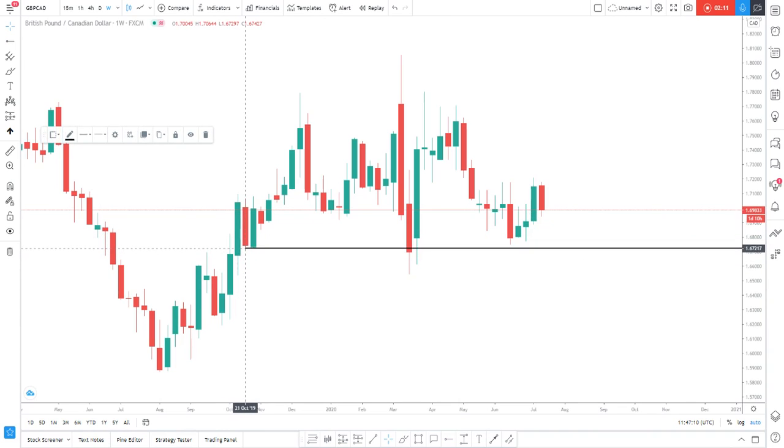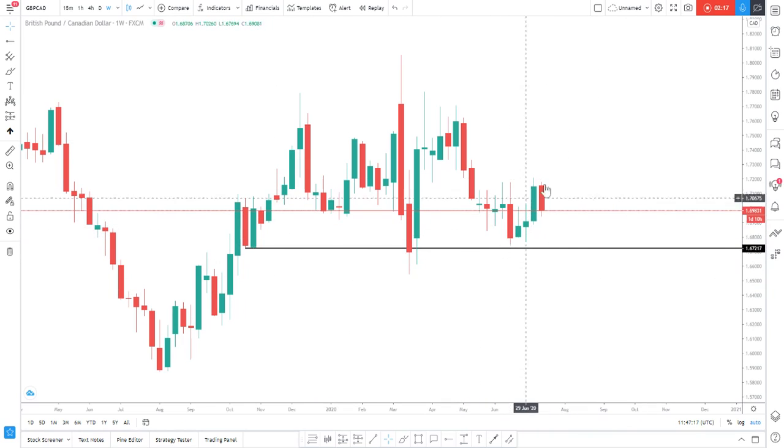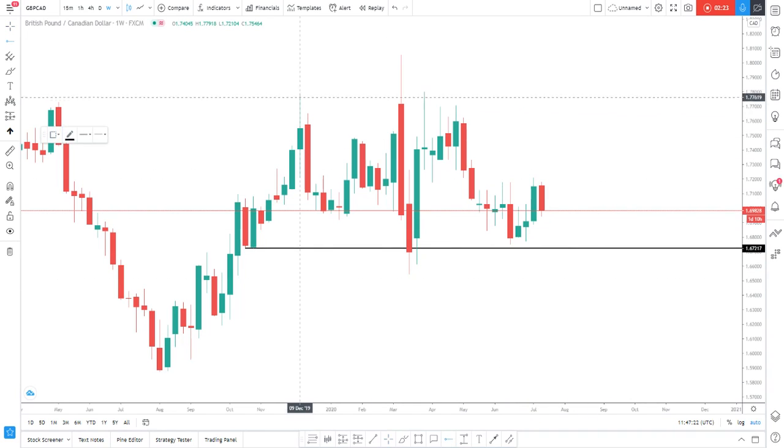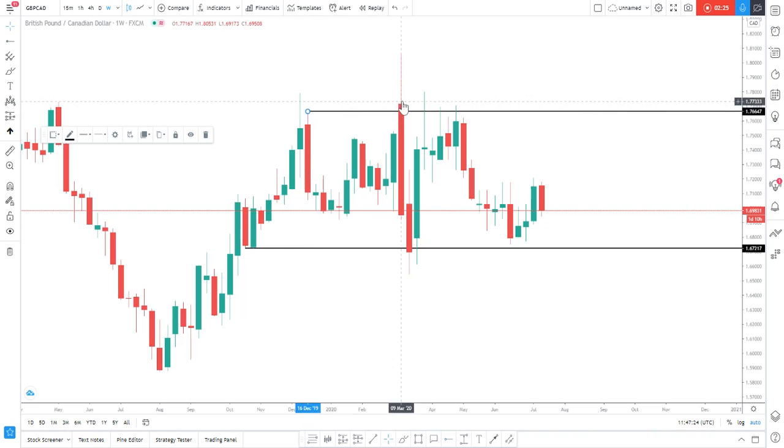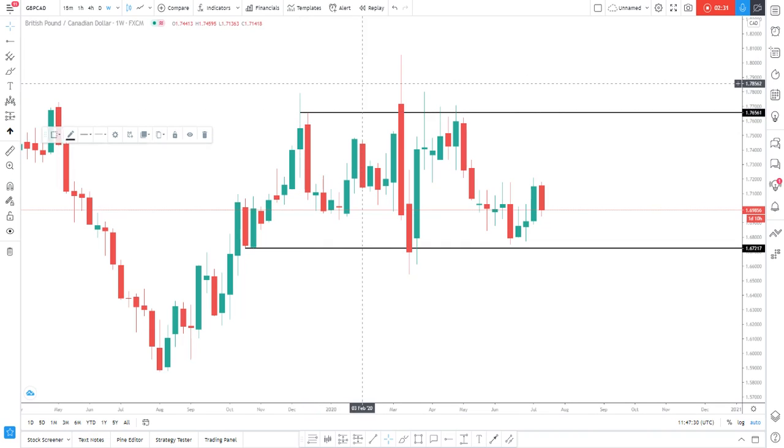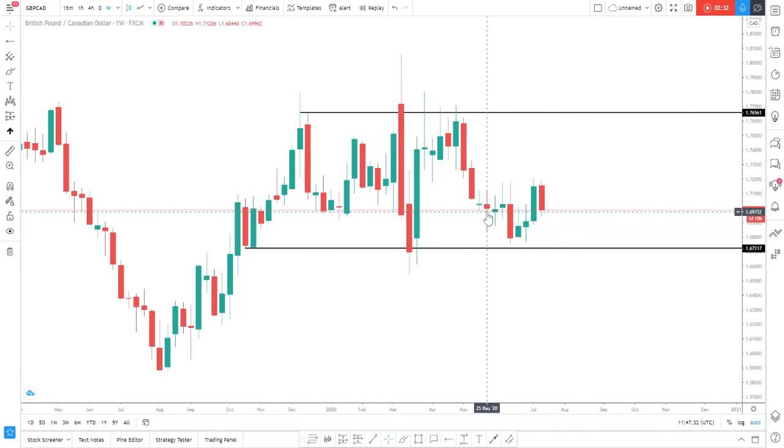Looking at this area of structure right here, we can see how anytime price almost gets to this zone, it rejects and moves to the upside. And also, if we look at this structure here, anytime price gets to this high, we see a rejection back to the downside. So this is a range bound. We are currently in a range bound.